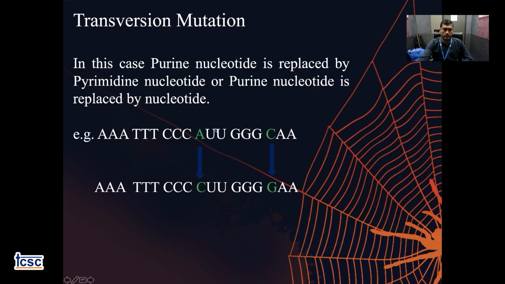This is the example: adenine is replaced by cytosine. Adenine is a purine, cytosine is a pyrimidine. Cytosine is a pyrimidine, guanine is a purine. So purine is replaced by pyrimidine, or pyrimidine by purine. These kinds of mutations are called transversion type of mutations.